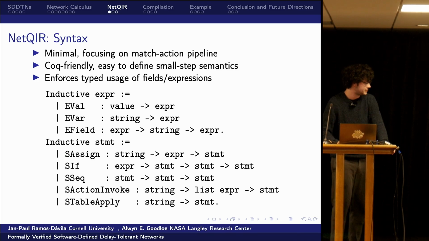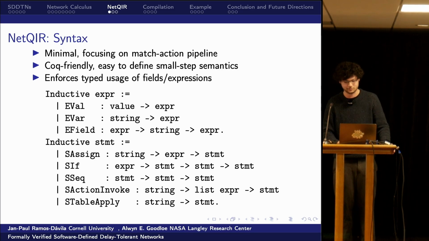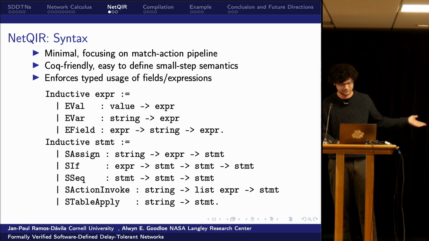So now we can see how exactly I want to use this small P4 subset. The idea here is that I have a network calculus, and this network calculus has proofs, and now I have a language that can actually interact with Coq in some way, because it is separate from P4.